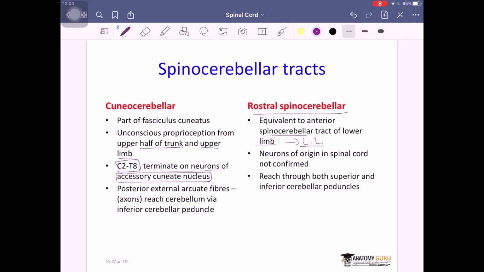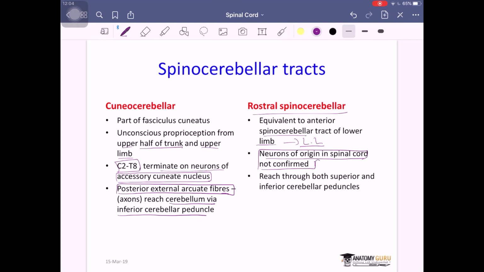The fibers come here and terminate, and from there the postsynaptic fiber starts as a posterior external arcuate fiber. Once they synapse, they are called the posterior external arcuate fibers, which reach the cerebellum via the inferior cerebellar peduncle.